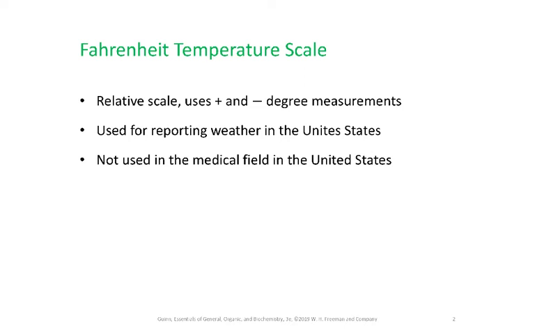Well, degrees what? Degrees Fahrenheit, of course. But also when it's cold, we can have negative degrees. It gets really cold, like 10 below zero. So it's a relative scale. It uses plus, uses minus. There's some arbitrary distinction where we have zero, and then we can go above and below that.